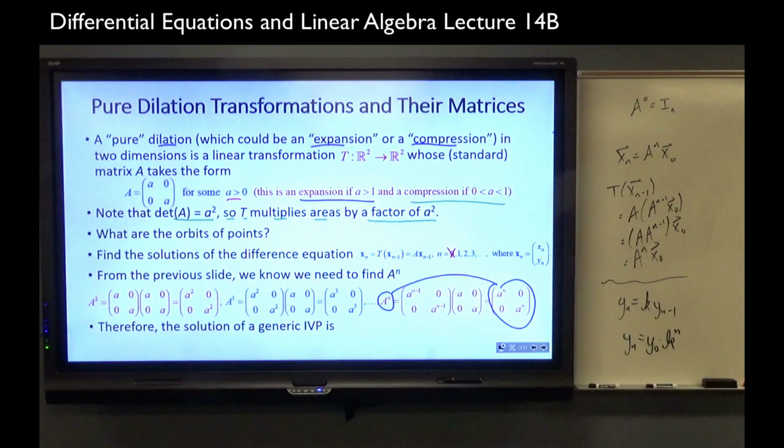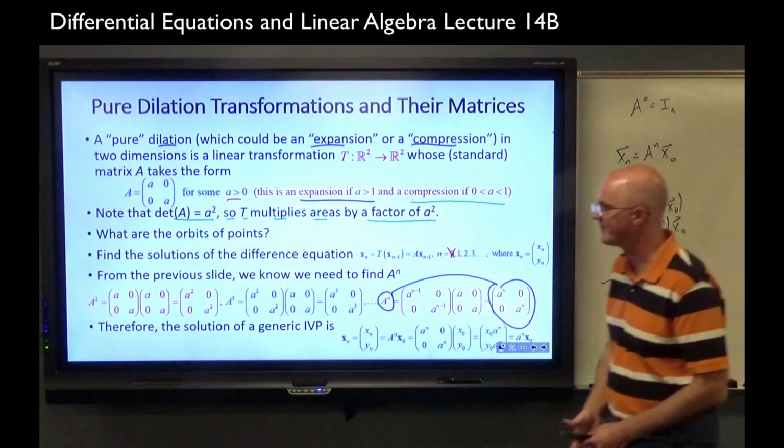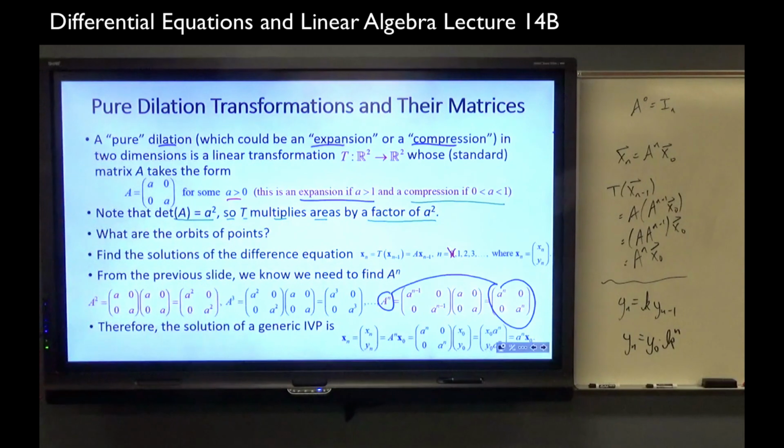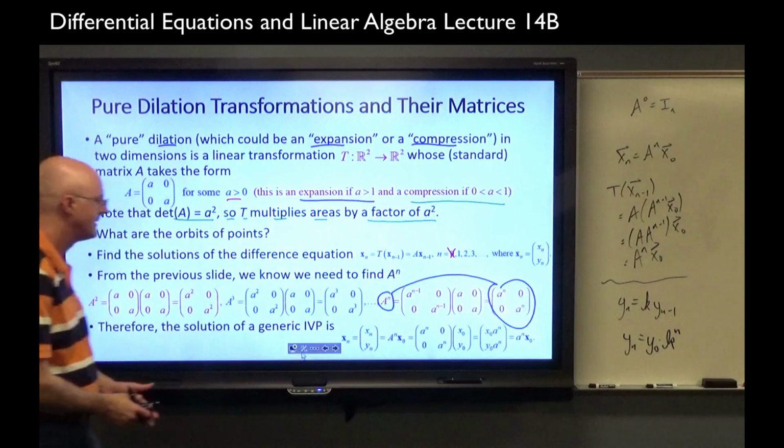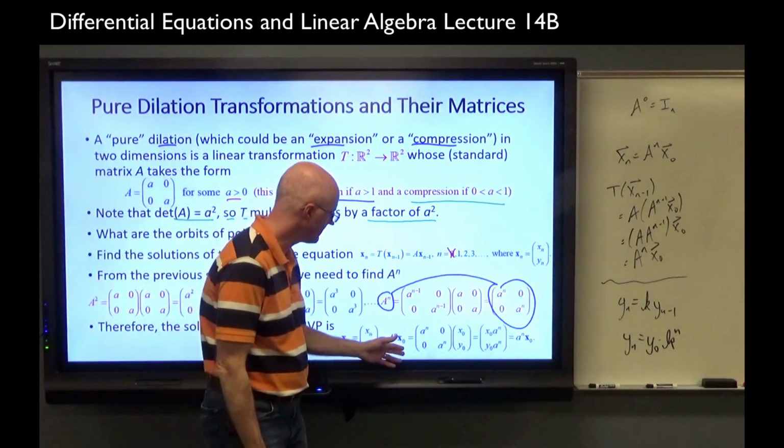The solution of the generic IVP for a generic initial condition is this. x_n is A to the n times x_0.